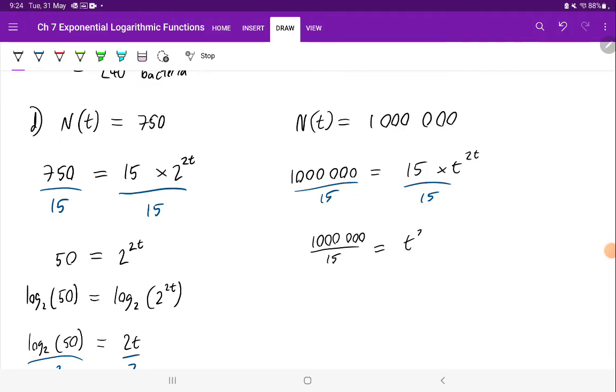Oh, not t to the 2t, 2 to the 2t. Take log base 2 of both sides. And then divide by 2.